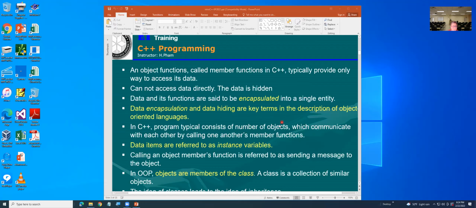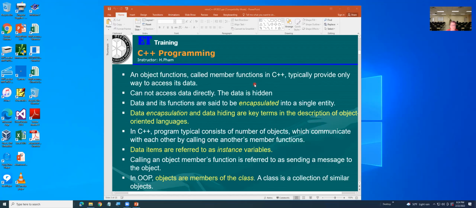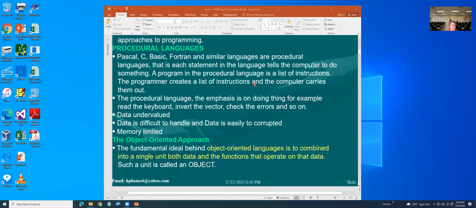Okay, now. On this page, the only thing I want you to make sure you know is the object-oriented approach.